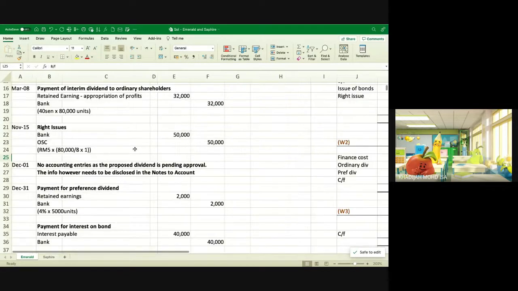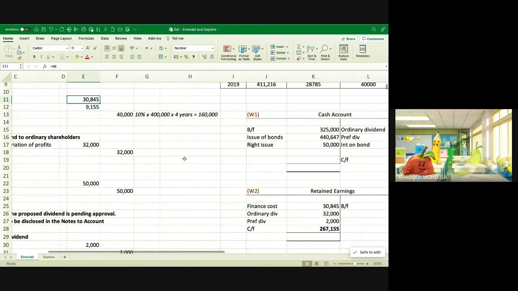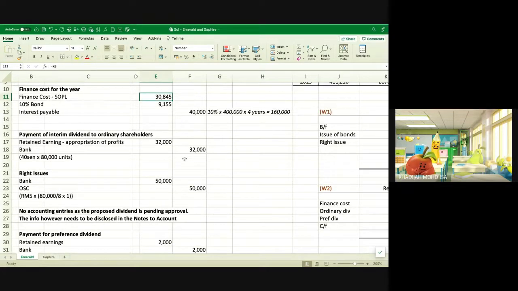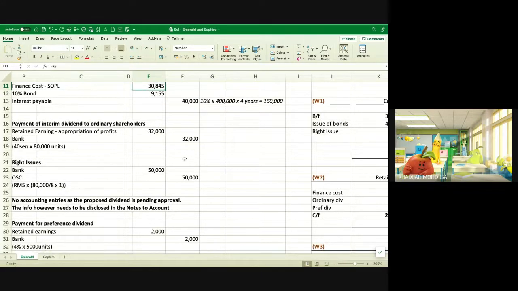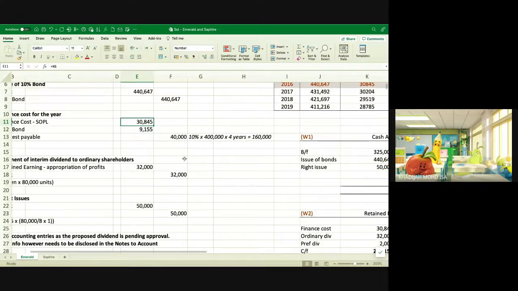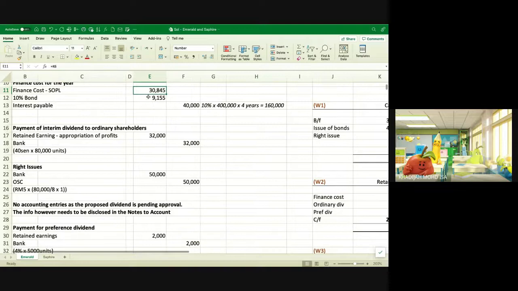The 30,845 goes in here, because this is a profit and loss item. So they just put it in, because it will reduce your profit.